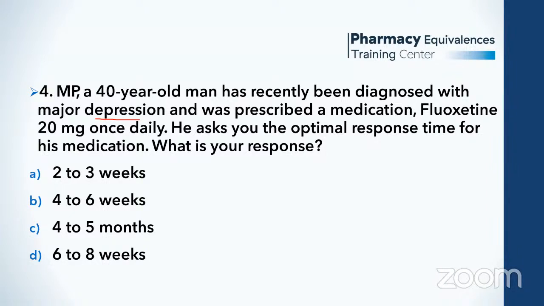And this will be a problem. With some drugs it may lead to withdrawal symptoms. So the patient should know very well that this drug should be continued for a long time to get the maximum response and to maintain this response. Okay, do you have a question? So the answer here will be number D, from 6 to 8 weeks.